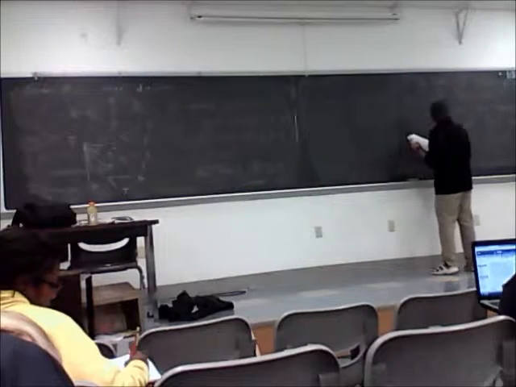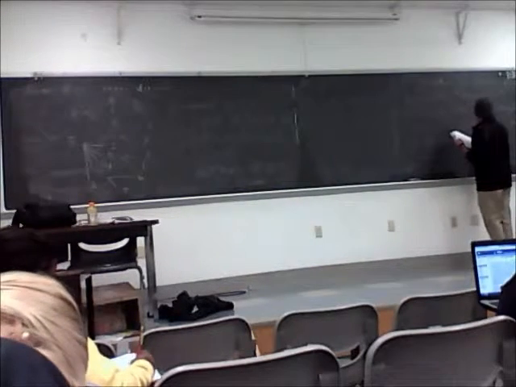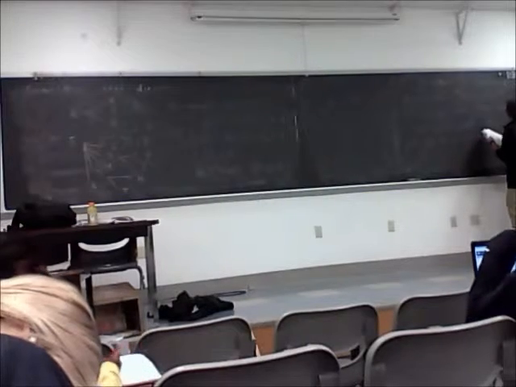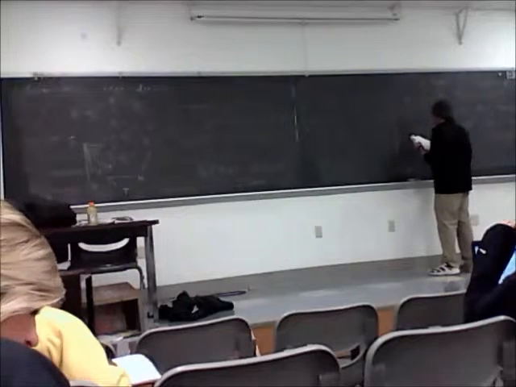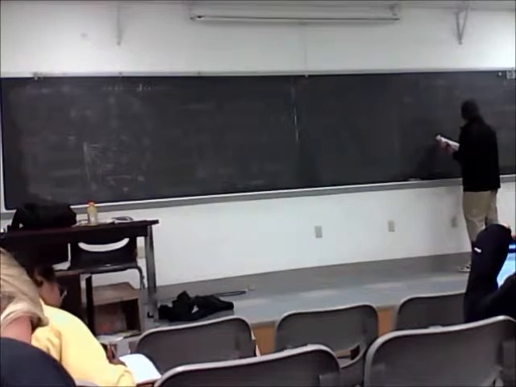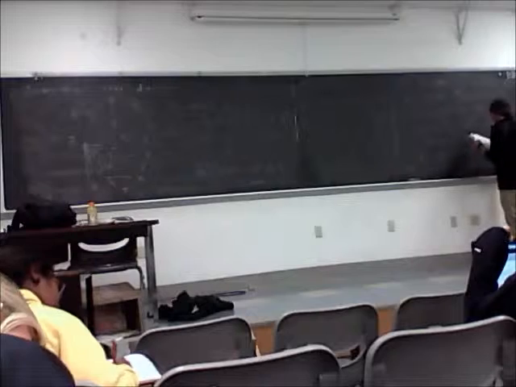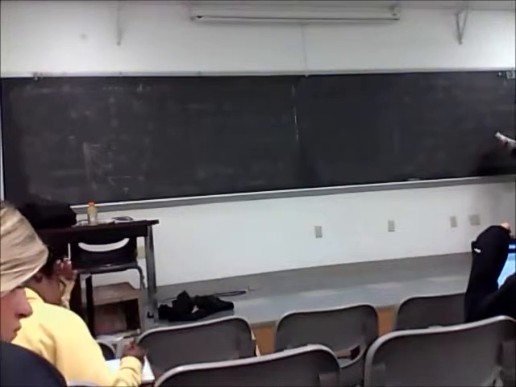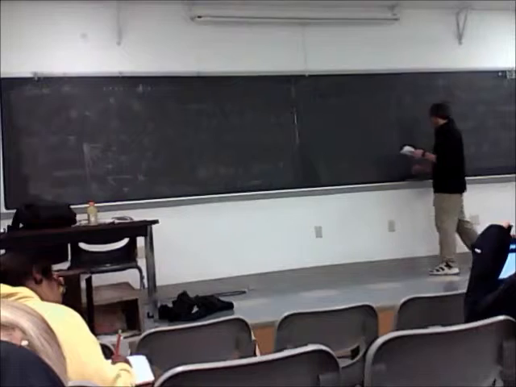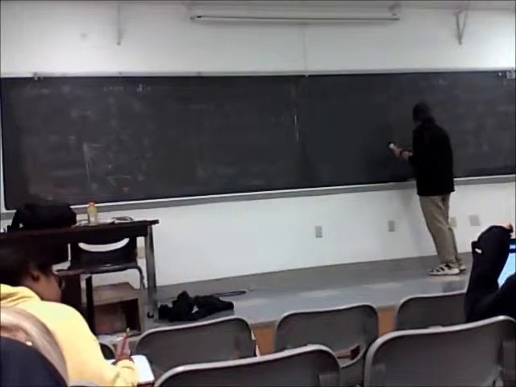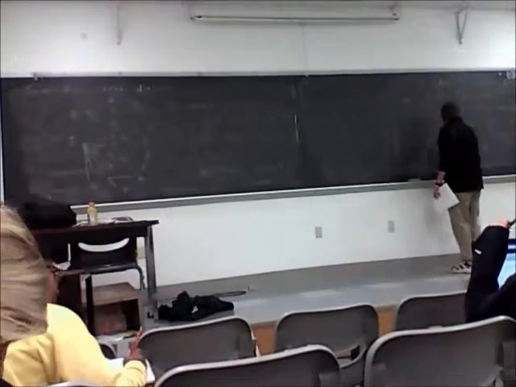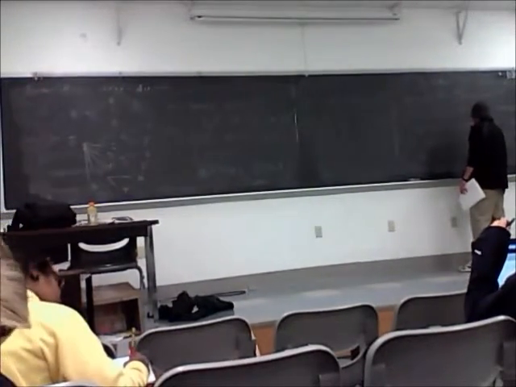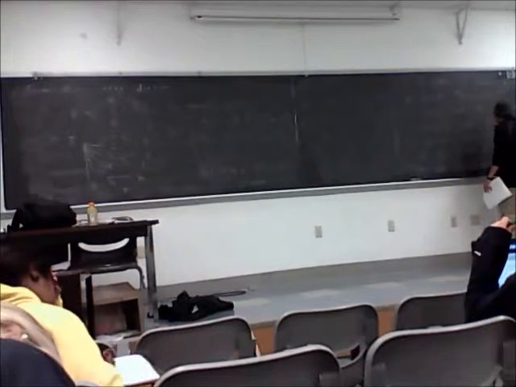And then for B, describe as a subset of omega the event E, which is the letter selected is a vowel.